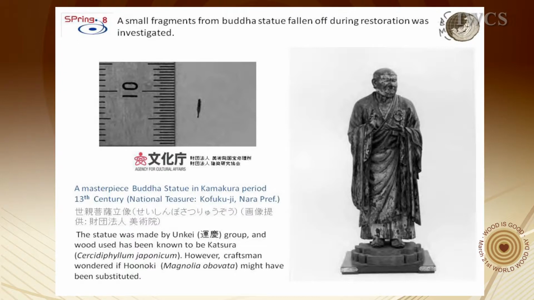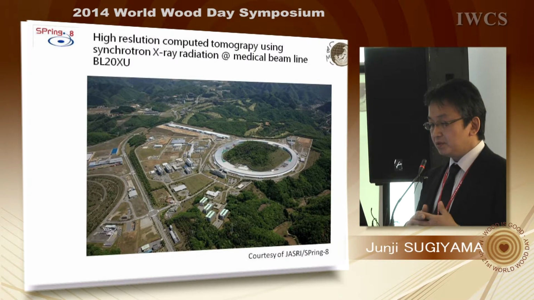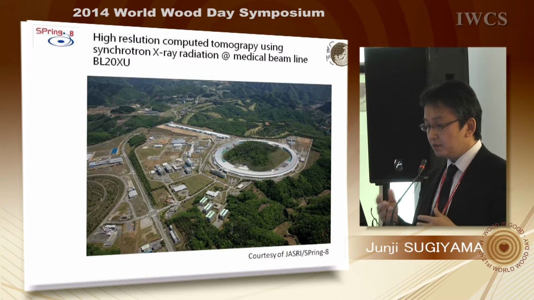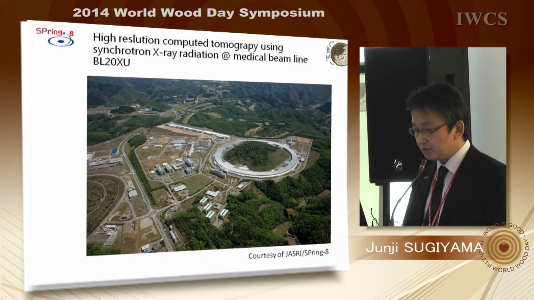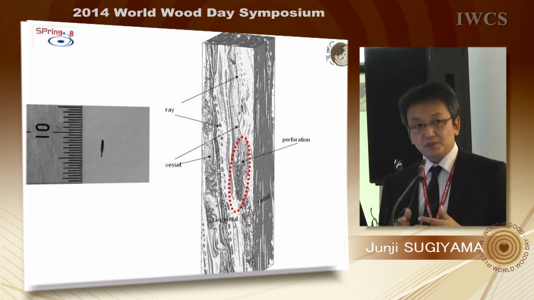But even from such a small fragment, and furthermore it was very compressed, by using very strong X-ray light, the one we use being synchrotron X-ray radiation at Harima, we get this type of images.